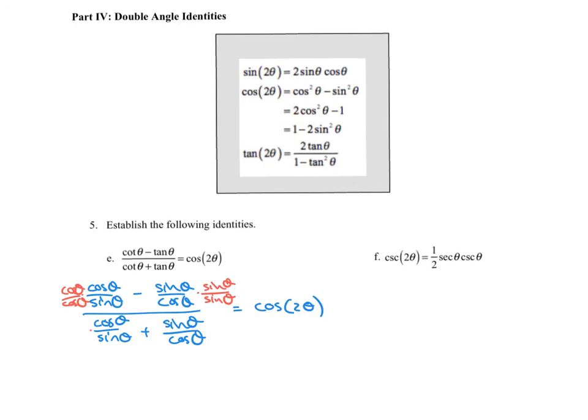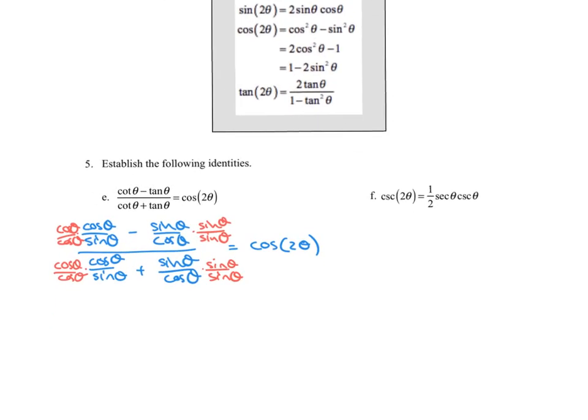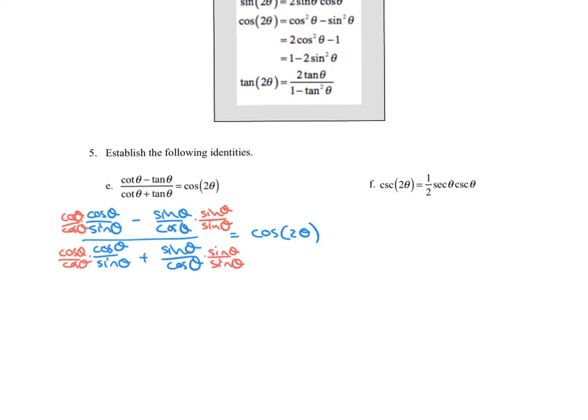And then on the bottom, I'm going to multiply by cosine theta over cosine theta for the left-hand fraction and sine theta over sine theta on the right-hand fraction. And so we get cosine squared theta minus sine squared theta, if we combine them into one fraction, over cosine theta sine theta.